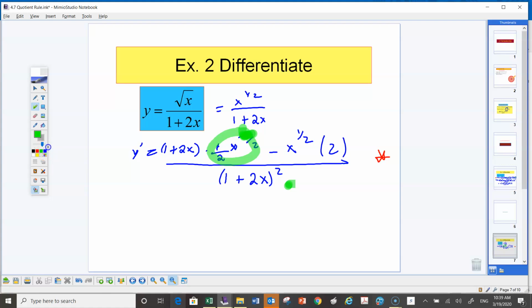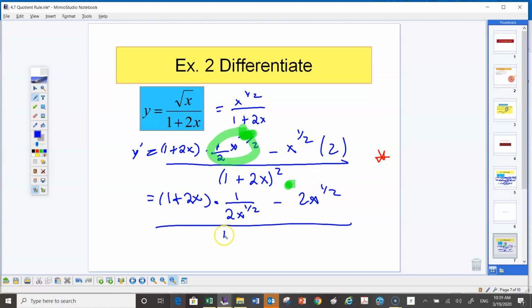So my first step, and I'll show you all the steps here, this is going to equal 1 plus 2x times 1 over 2, and now that x to the negative 1/2 will become a positive 1/2 there. I'll multiply these two terms together, and this is still over 1 plus 2x all squared.